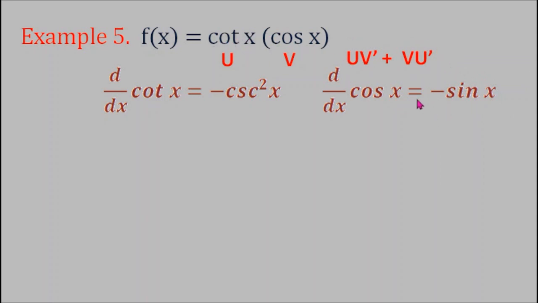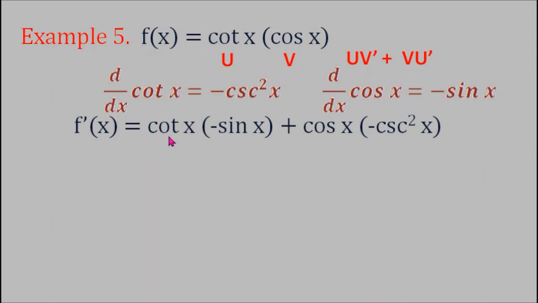So our u is cotangent x, and then the derivative of our v, which is cosine x, is negative sine x, then plus our v here is cosine x times the derivative of u, which is cotangent x, and its derivative is negative cosecant squared x.